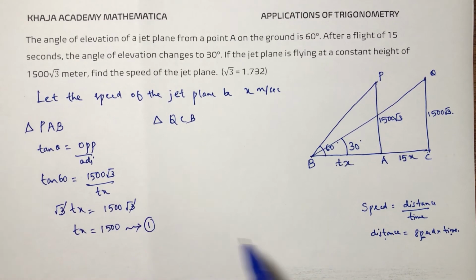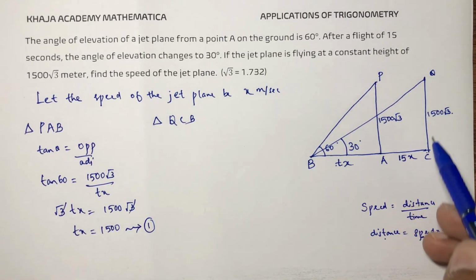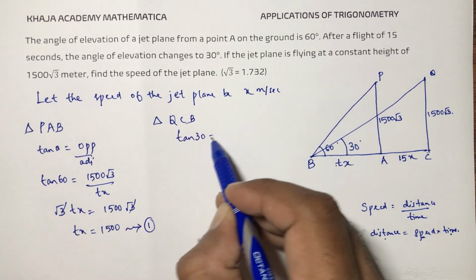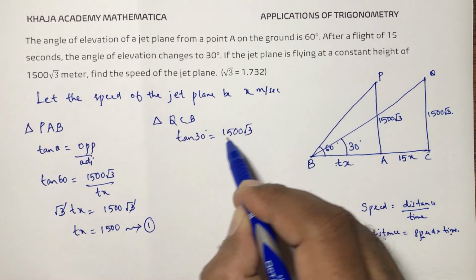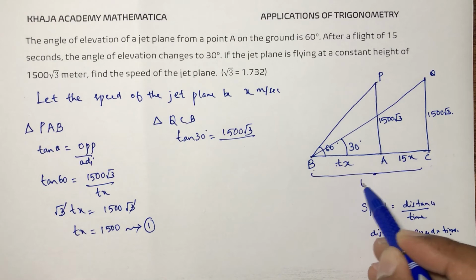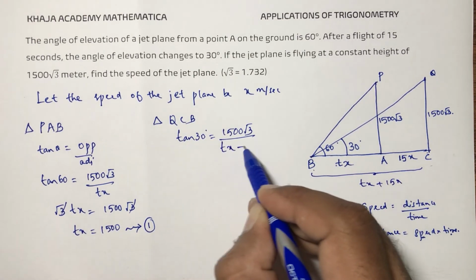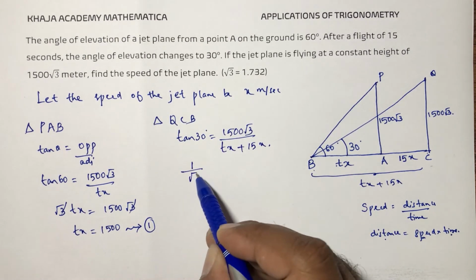This is equation 1. Now in QCB, tan 30, opposite is 1500 root 3, but adjacent is total. Total value is tx plus 15x.